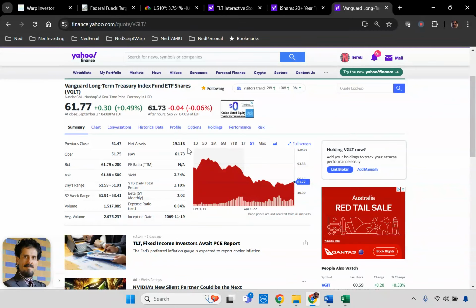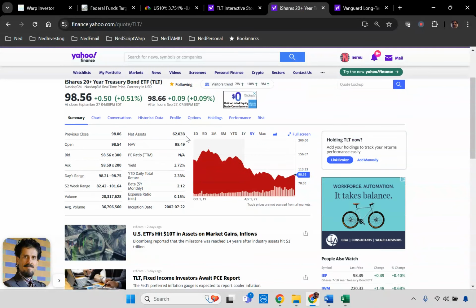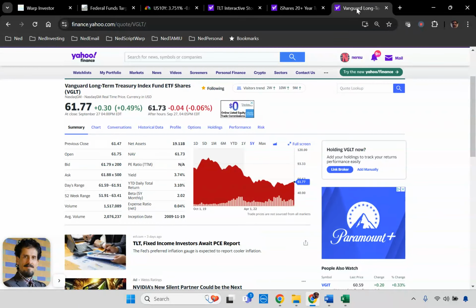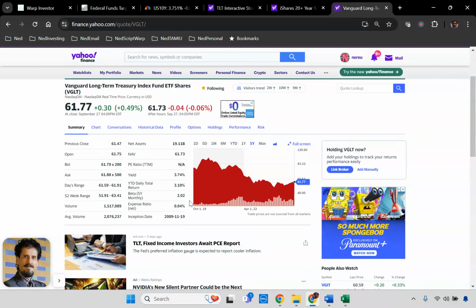But it's not as liquid as the TLT, right? So $19 billion invested as opposed to $62 billion invested, probably because the TLT is more popular, is more often discussed in the media. But the VGLT is a better deal in terms of its expense ratio.